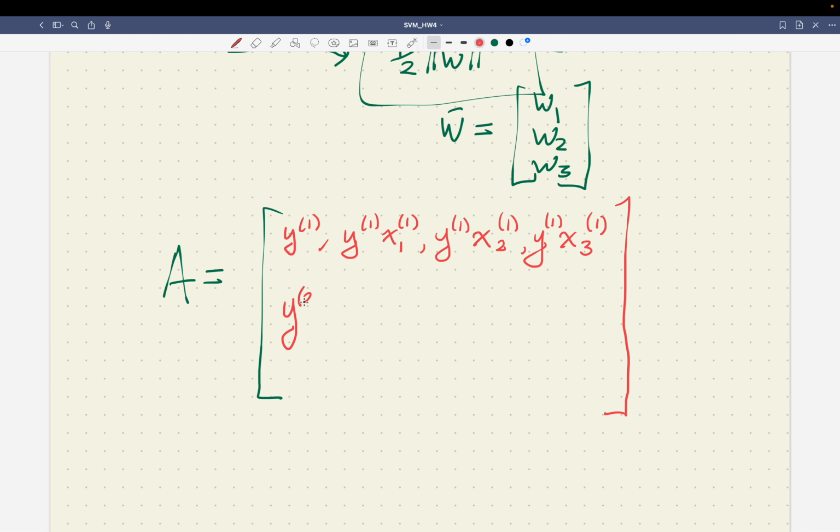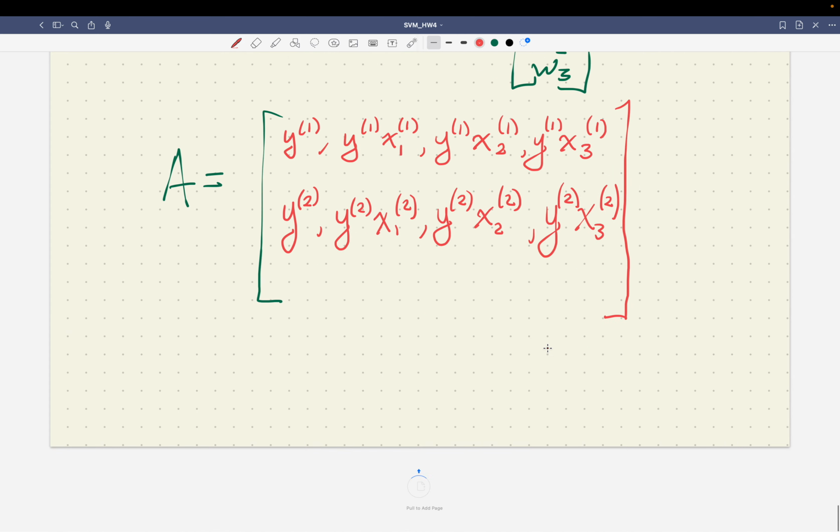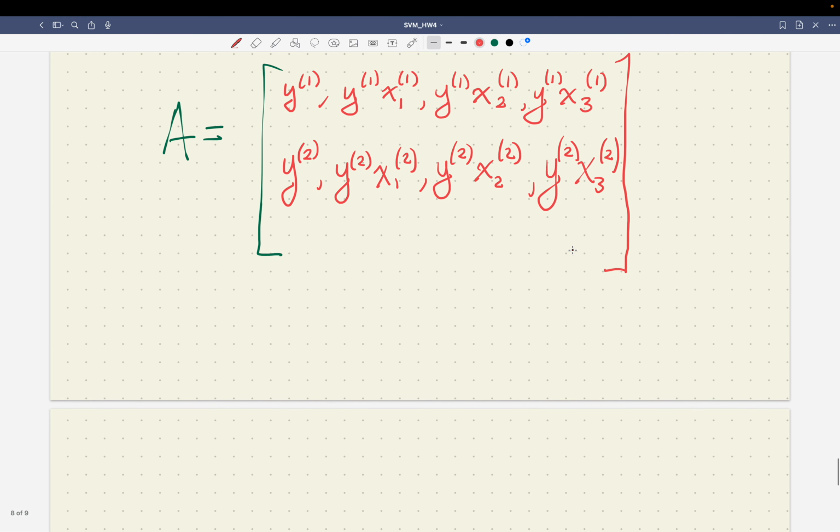Let's just add one more row of data so you can see what's going on here. So suppose there are 2 data points. Here's the other data point: Y2 X1, 2, Y2 X2, 2, and Y2 X3, 2. Okay, so presumably there's a lot more data, but I'm tired of writing, and we'll just assume that there are 2 data points.